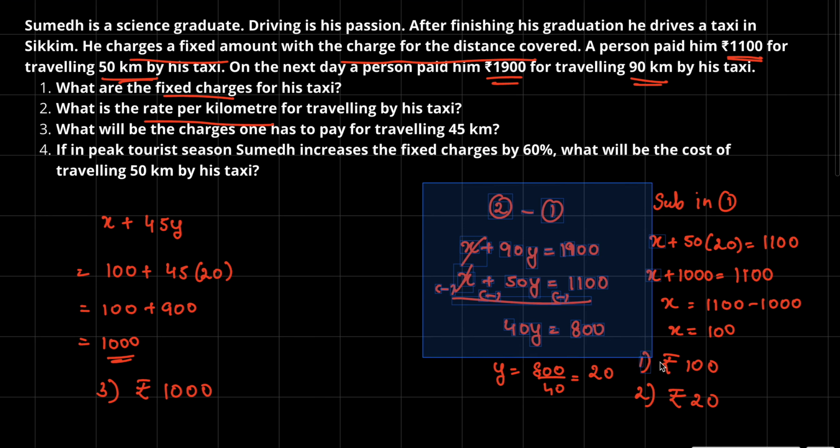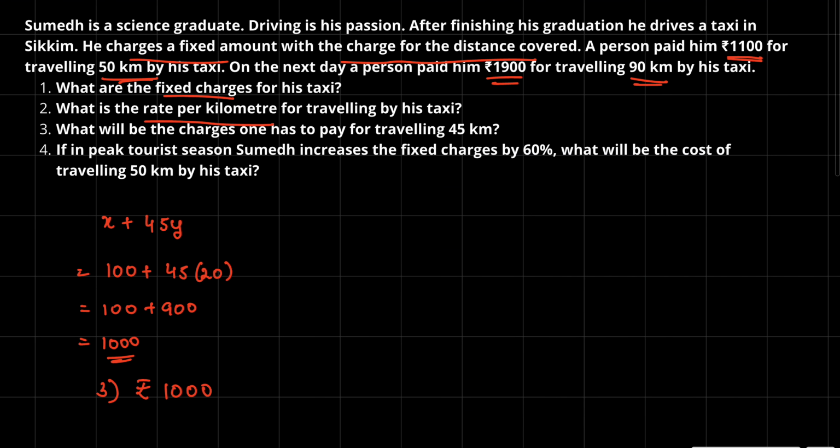Finally, to the last part of this sum. If in a peak tourist season, Sumedh increases the fixed charge by 60%, what will be the cost of traveling 50 kilometers by his taxi? Now here we need to find the new fixed charge.